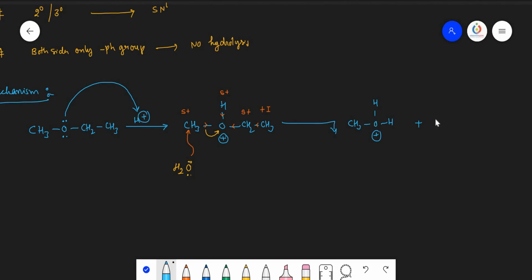The second molecule is this part, CH3CH2OH, and from here there is a loss of H plus ion, so that finally we get CH3OH.